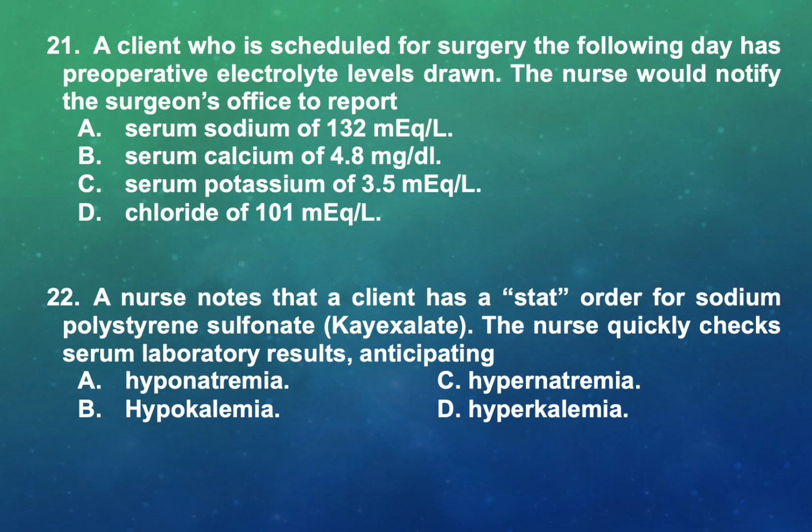As it passes through the intestine, it releases sodium ions and binds to potassium ions, which are then excreted from the body in stool, helping to lower serum potassium levels. 22 is letter D.